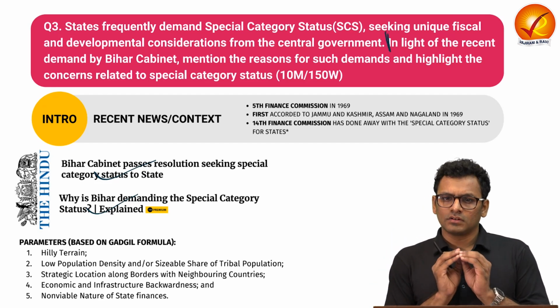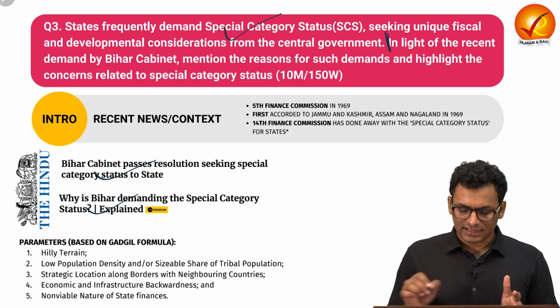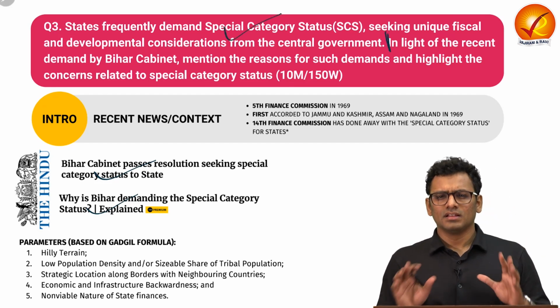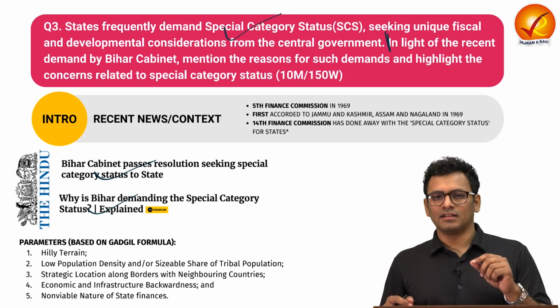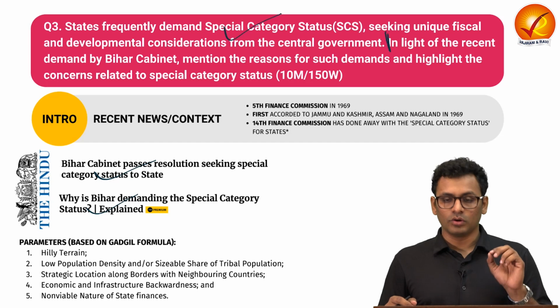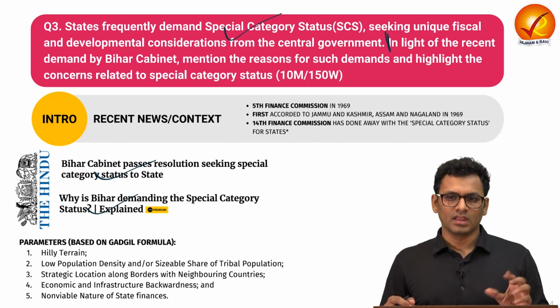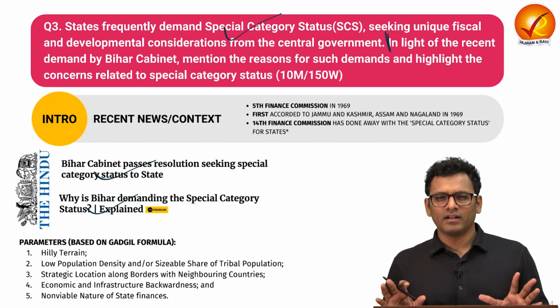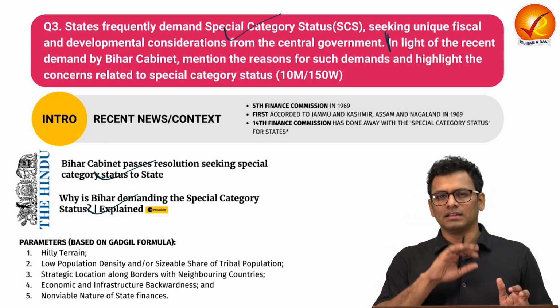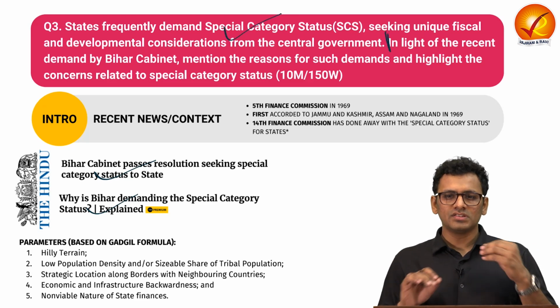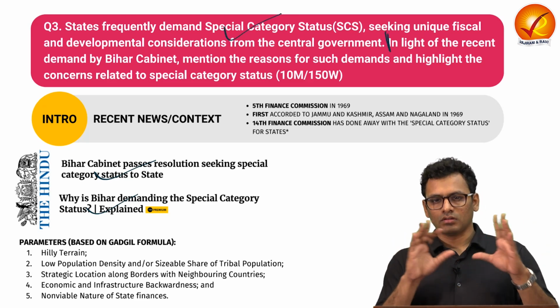Whenever we see terms like special category status and special status, they are both unique, but you have to understand that there is a unique form of federalism, which is the core demand over here, asymmetric federalism. India practices a unique form of federalism, and because of that, not all the states are treated equally. They are treated in the way through which they can ensure equity for all the states.